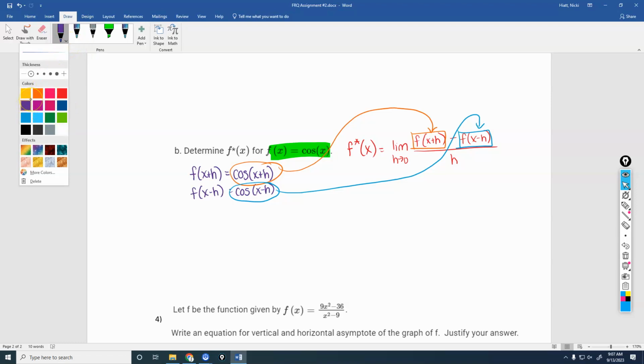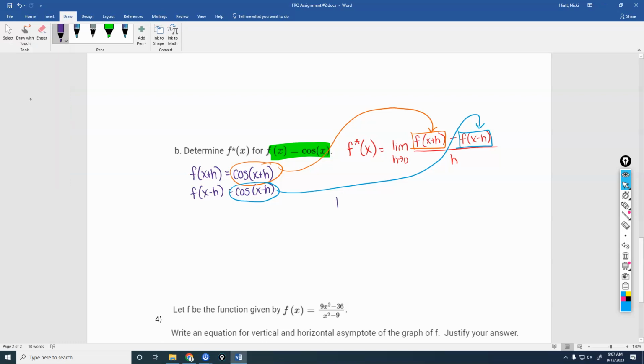So we will have the limit as h approaches 0 of cosine of x plus h minus cosine of x minus h all over h.